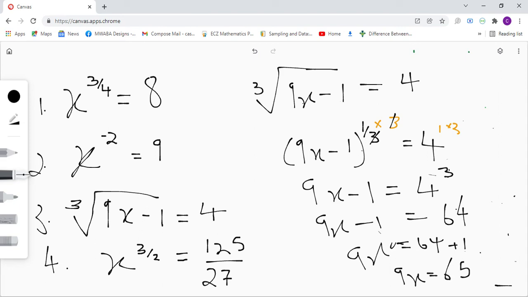Alright, we divide both sides by 9 and we're going to have x equals 65 over 9. Alright, we go to our final question. It says x to the power 3 over 2 equals 125 over 27.